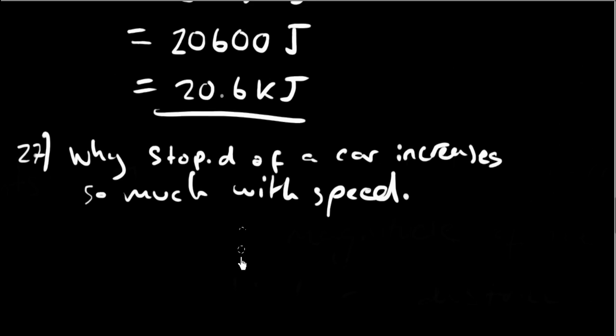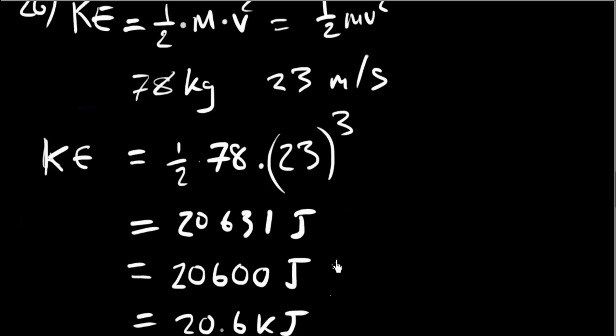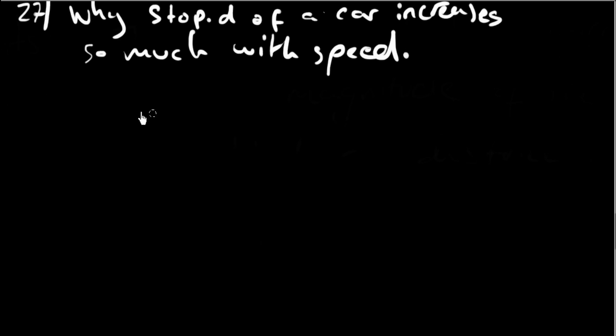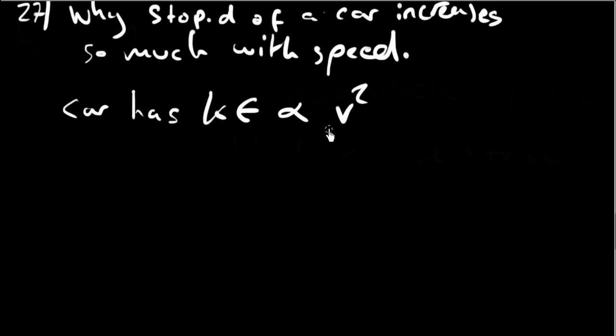Well, it's got to do with the things that we've just calculated, the kinetic energy of something and the work done by something. Basically, a car has a certain amount of kinetic energy which is proportional to the velocity squared. It's not proportional to the velocity, it's the velocity squared. And the brakes of your car, independent of your thinking, which obviously also, if the thinking time is the same, then the thinking distance when you're going at a faster speed is much bigger.